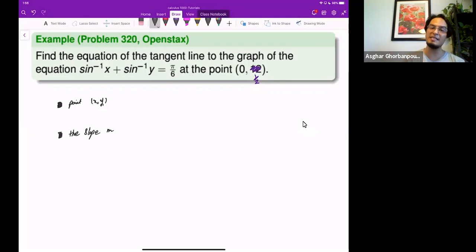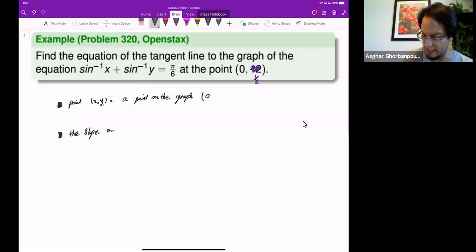If it is a tangent line, then this will be a point on the graph of the function, a point on the graph, which in this case is a curve in the plane.